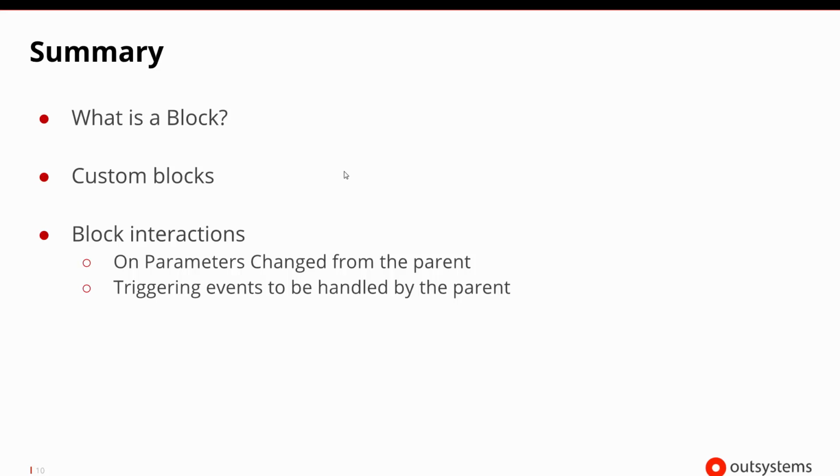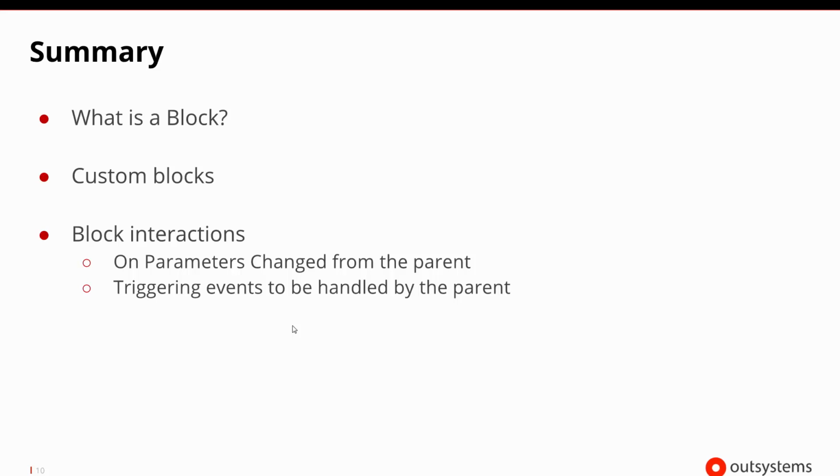So in this session, we wanted to define what a block is, how we could go about building up a custom block, and we've spent a lot of time talking about how those interactions can occur when parameters that are inputs to the block coming from the parent might change, and when things change inside of our block, how we can trigger events to make sure that all of the parents would know that something has changed inside of this block.